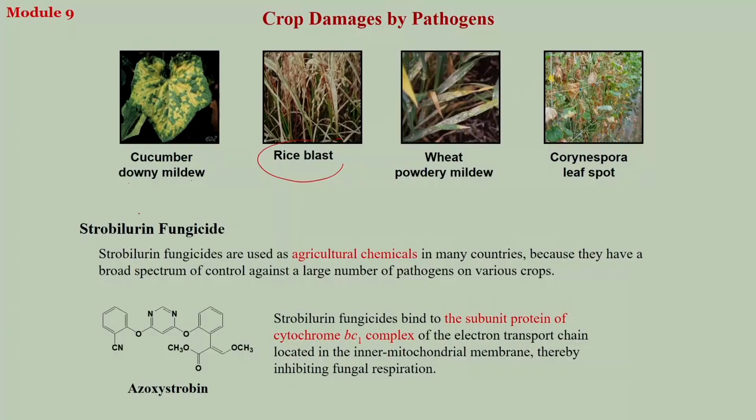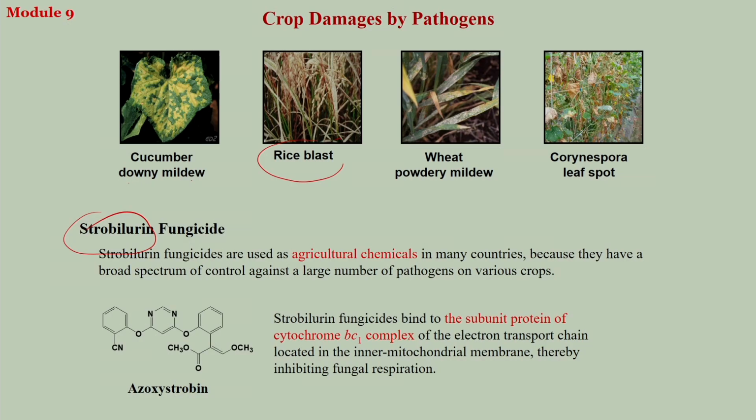Mostly when crops are attacked by pathogens or other pests, we use pesticides to kill them. Strobilurin is a fungicide. These pathogens are basically fungi: cucumber downy mildew is a fungus, rice blast is a fungus, wheat powdery mildew is a fungus, and this also is a fungus.